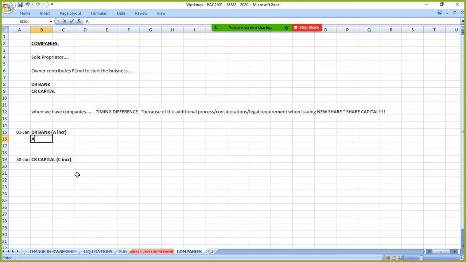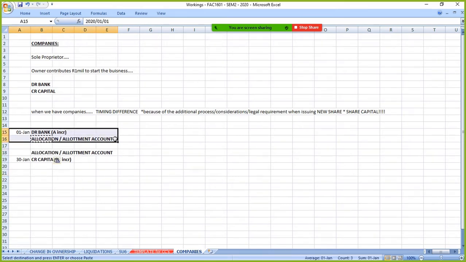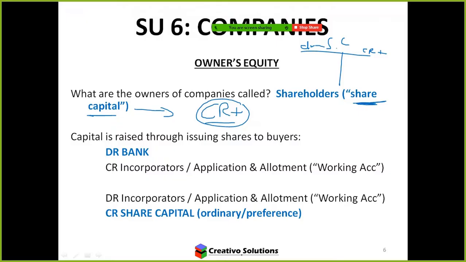Here's another one: allocation slash allotment accounts. Again, it's just like a placeholder to keep record of debits and credits where there is a timing difference. So if you look at my notes, you'll see I've shown that here. Those are working accounts.